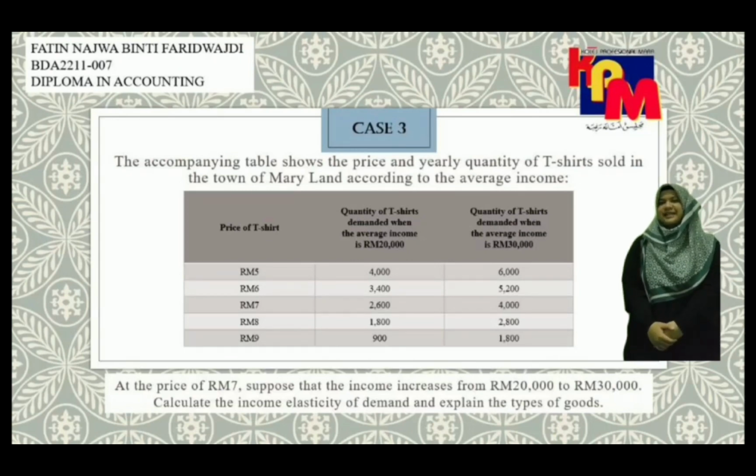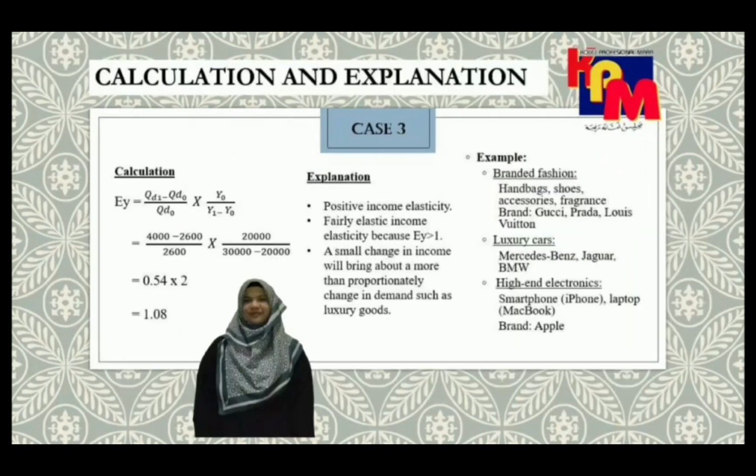So the question is, at the price of RM7, suppose that the income increases from RM 20,000 to RM 30,000. Calculate the income elasticity of demand and explain the types of goods.